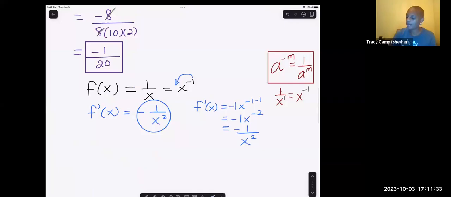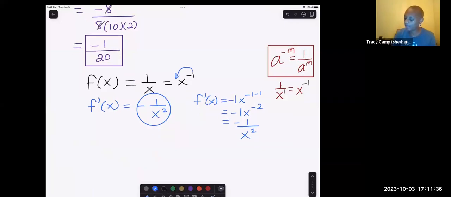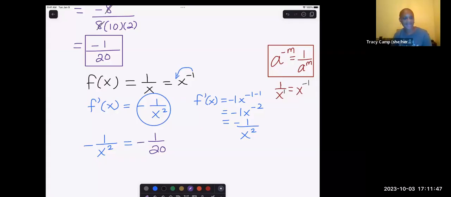And so what I want is to find out when this is equal to the f of b minus f of a over b minus a. And I should actually replace this x squared with c squared, just to be really true to the theorem, because it says f prime of c equals f of b minus f of a over b minus a.